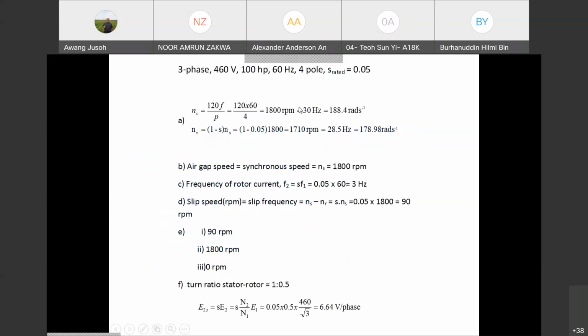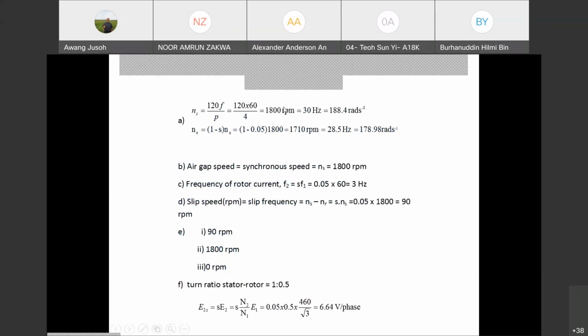If you want to find it in Hertz, you just divide by 60. 1,800 RPM divided by 60, we get the unit in Hertz. That means we can define synchronous speed also in Hertz or in radian per second. The conversion you must know. If you want to get radian per second, multiply the RPM by 2 pi divided by 60.